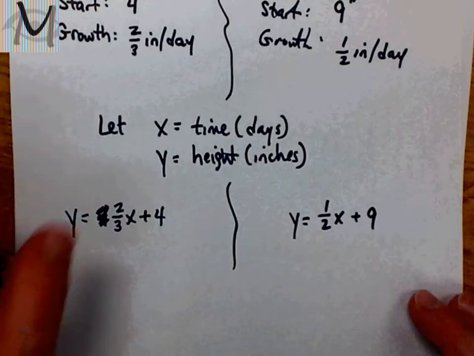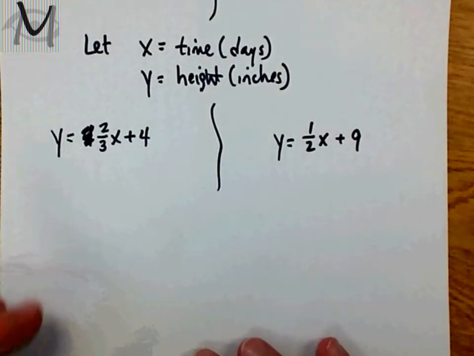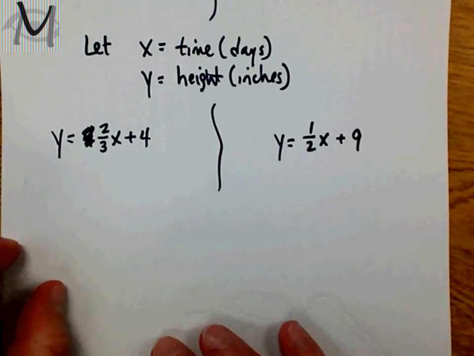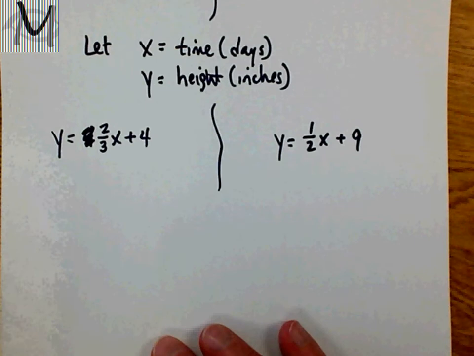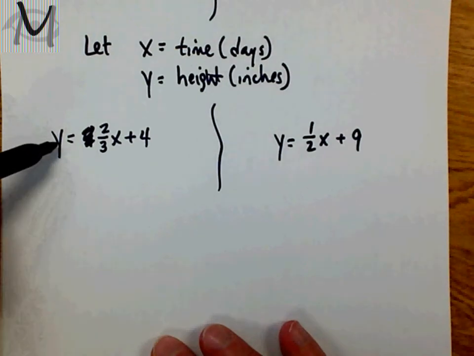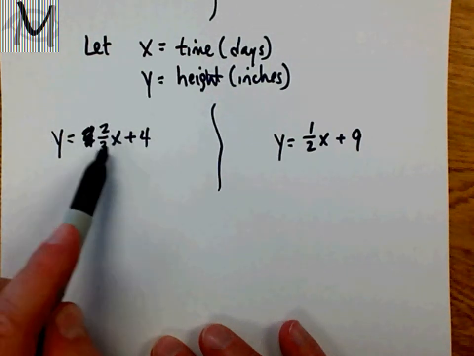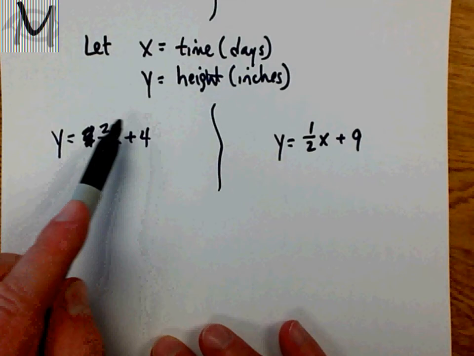So this is where we solve it algebraically. We use the equal values method. We want to know when the two plants will be the same height. This letter y stands for plant A's height. But so does this expression, 2/3 x plus 4.